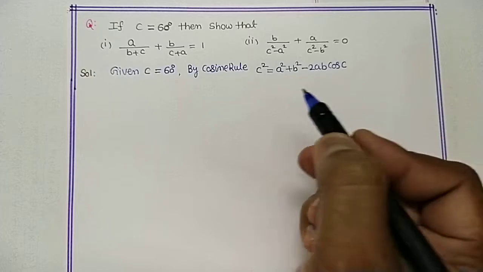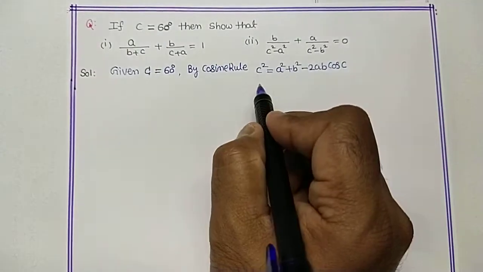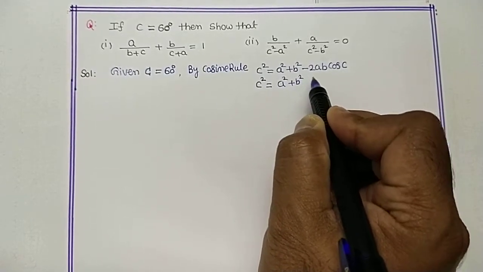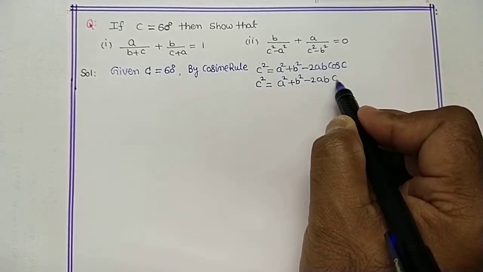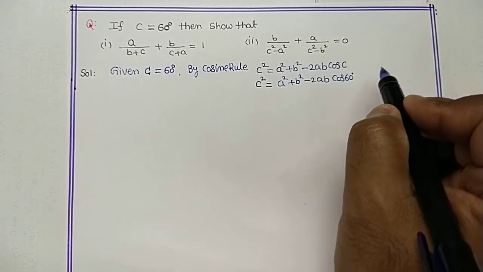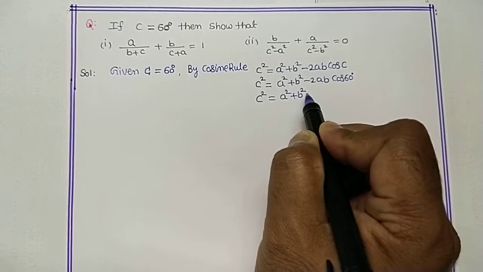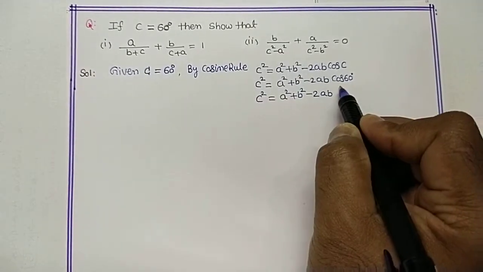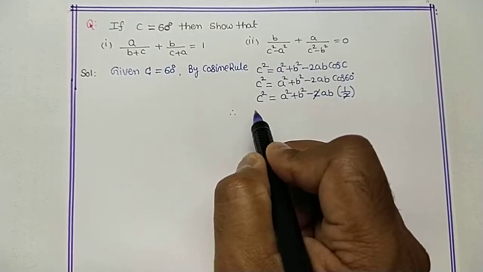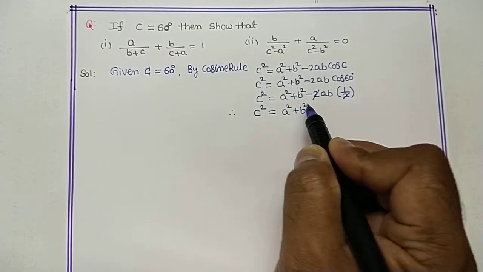In place of c substitute 60 degrees, it is angle C, not a small c. So c square equal to a square plus b square minus 2ab into cos 60. Cos 60 value we know is 1 by 2. So c square equal to a square plus b square minus 2 into ab into 1 by 2. Here 2 gets cancelled. We got the result c square equal to a square plus b square minus ab.